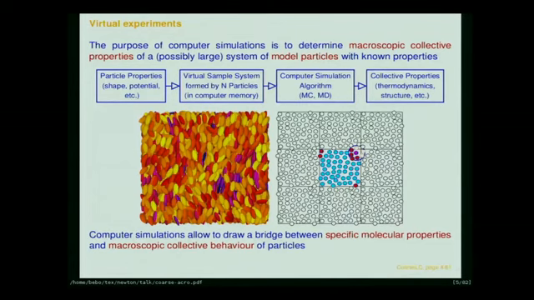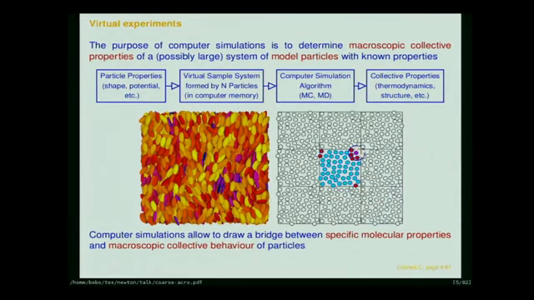So typically performing a simulation amounts to performing these 4 steps. The first step is choosing a model, defining the properties of the particles, so what is their shape, how they interact in pairs, and so on.